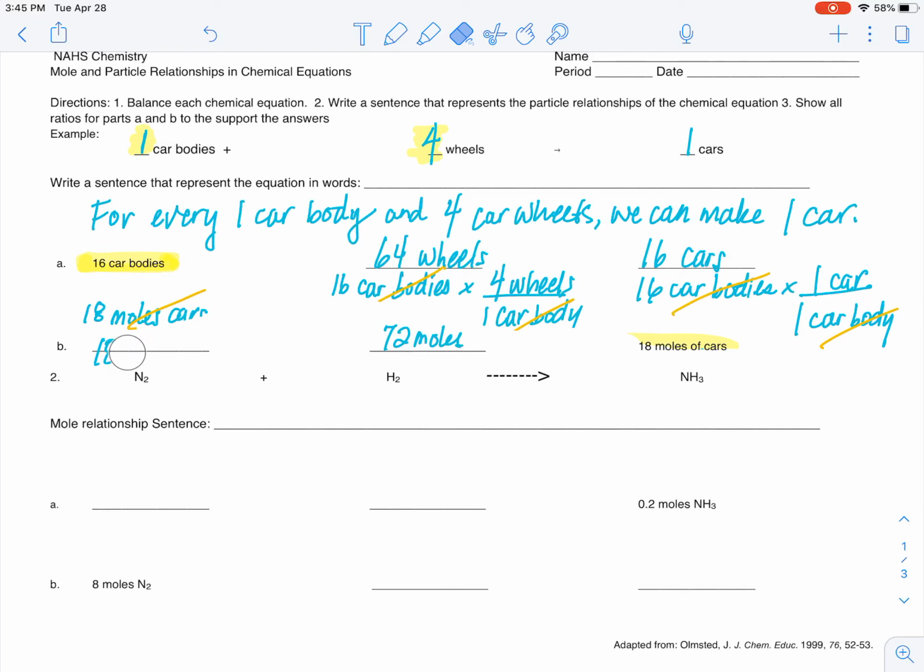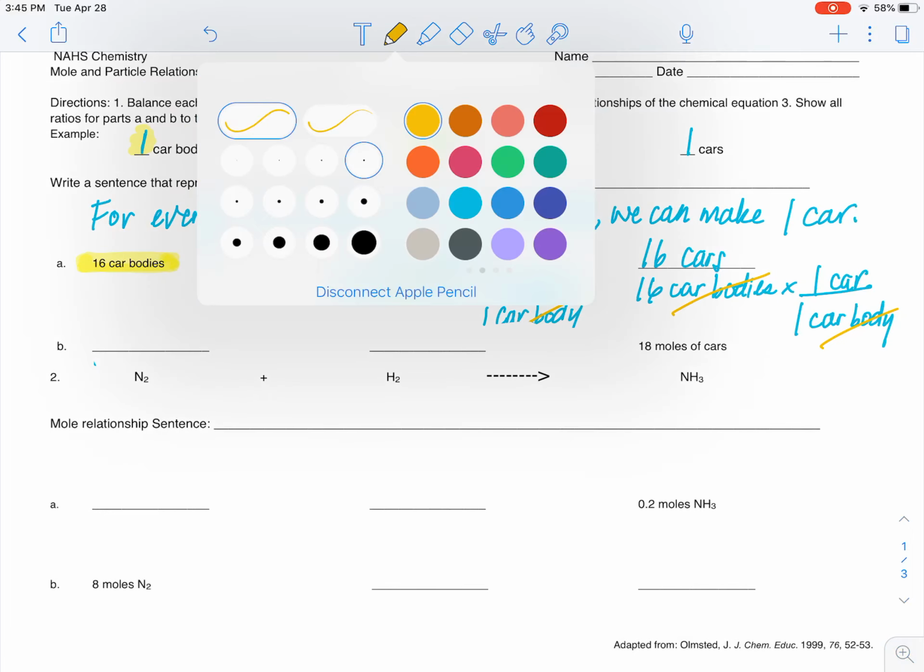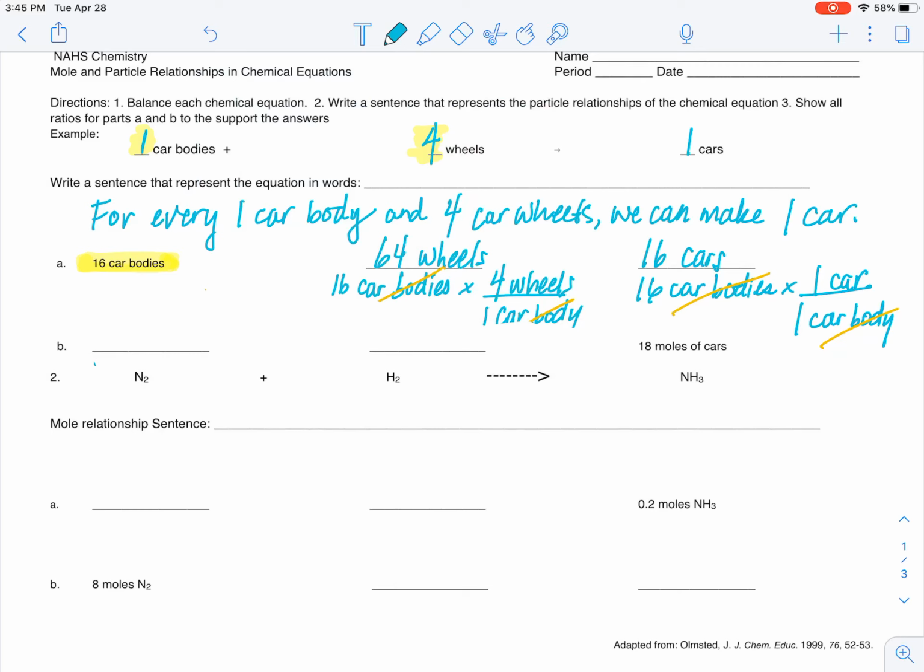In this second example, we're using a chemical equation, and we're going to go ahead and balance that chemical equation first. So here we've got nitrogen gas plus hydrogen gas yields nitrogen trihydride. So in this equation, we know that we need to balance numbers of particles.